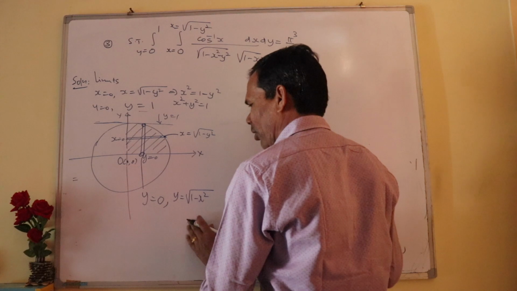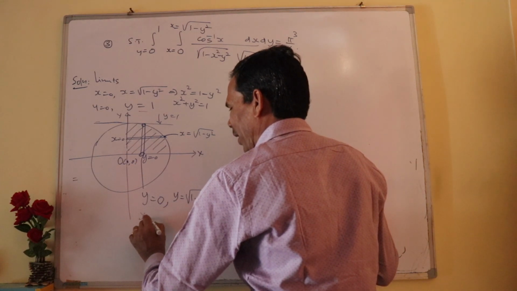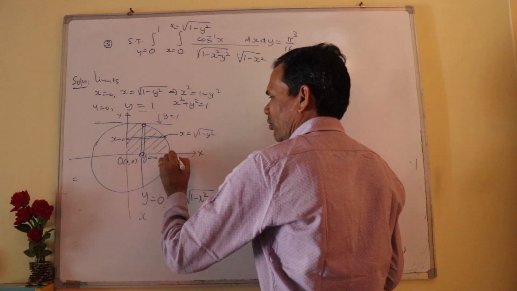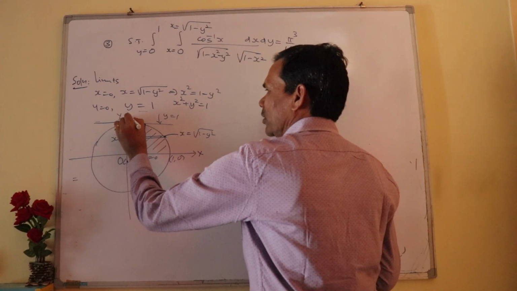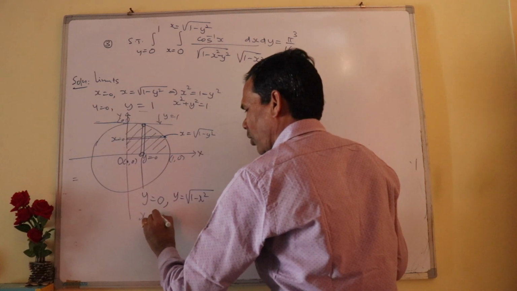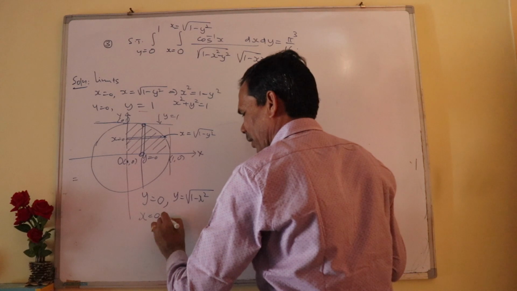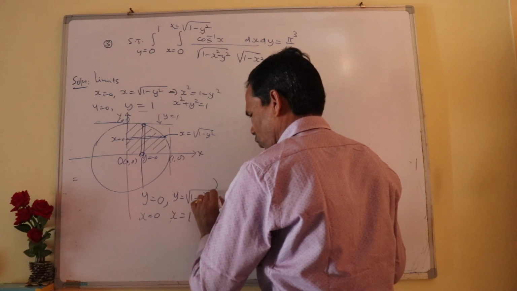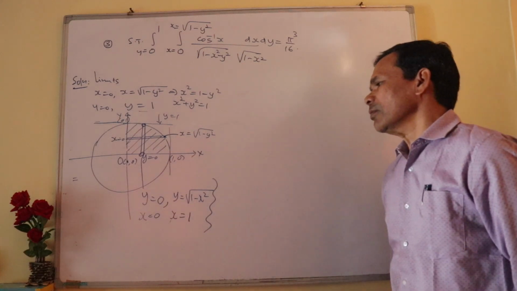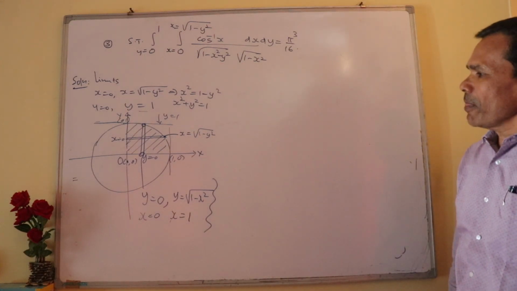It is the boundary of the circle in the first quadrant, and x varies. You have to move this because the coordinate of this point is 1, 0 and this one is 0, 1. So x from 0 to x is equal to 1. So these are the limits after changing the order of integration.